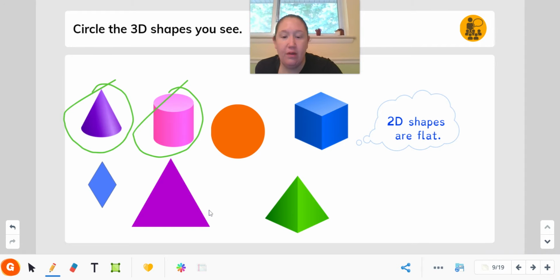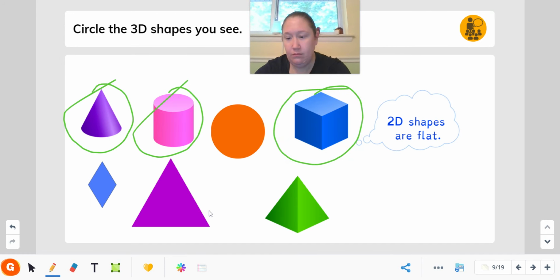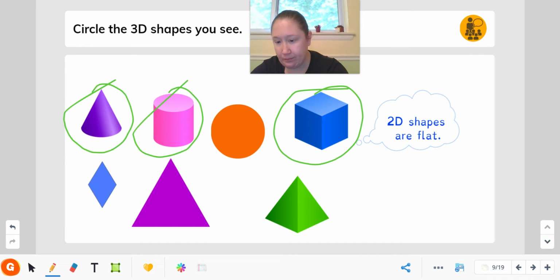What about this circle? Does that look like a 3D shape? No, it looks flat to me. It looks just like a regular circle. Here's a cube. How about this rhombus? There's a blue rhombus in the bottom left. That is not 3D.